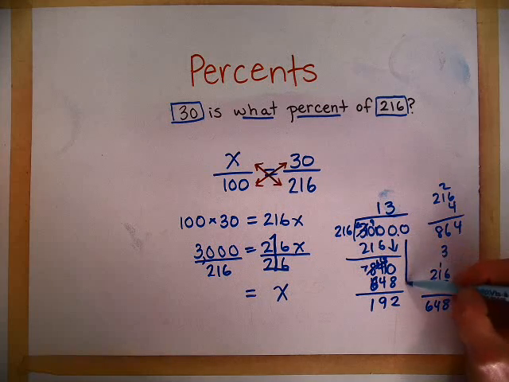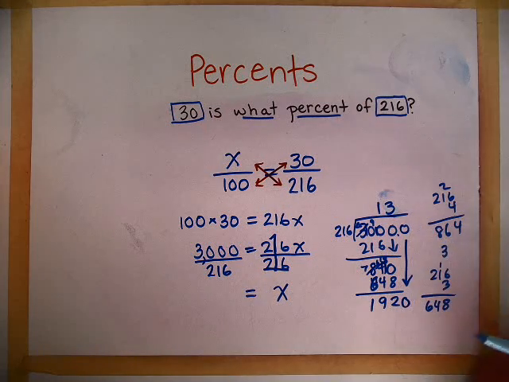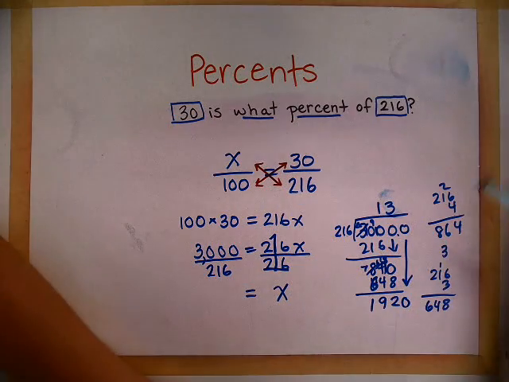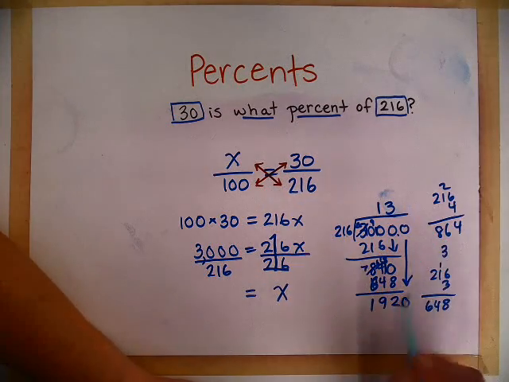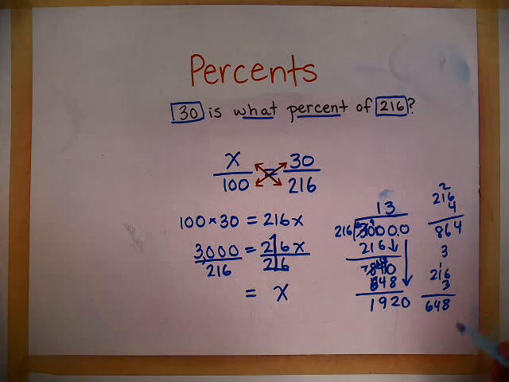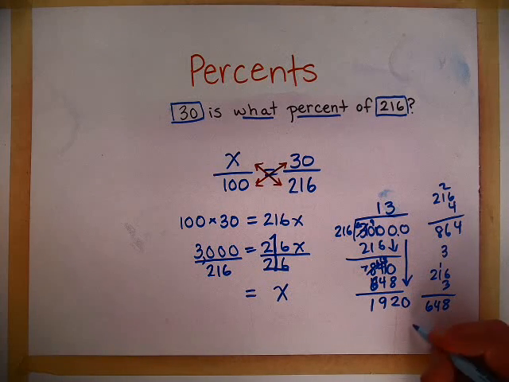And I always want you guys to go to the nearest hundredth, even though percents, I should probably let you just round to the nearest percent, but I don't know if I want to do that. Okay, how many times does it go into that? Probably, I'm going to try 8 first. 216 times 8.